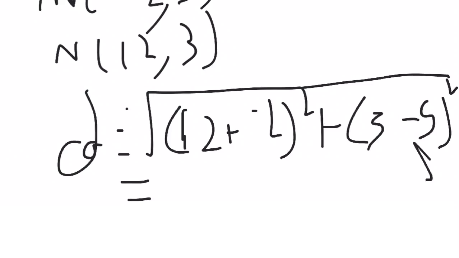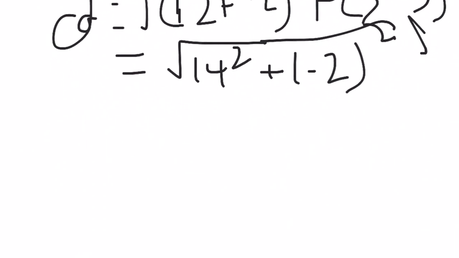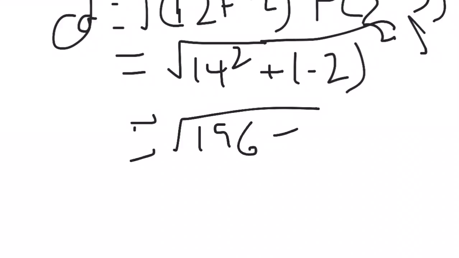So 12 minus -2, that would turn to addition, so it'd be square root of 12 plus 2, which is 14 squared. Now 3 minus 5 would be -2 squared. 14 squared is 196. -2 squared is 4, so that'd be 200.